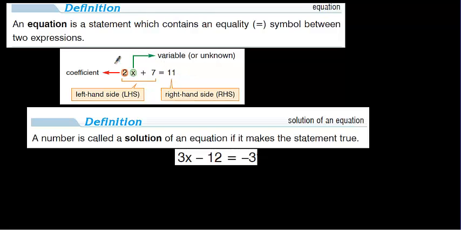And on the left side, with respect to our body, as we are facing the board where we are writing, on the left hand side we have 2x plus 7.